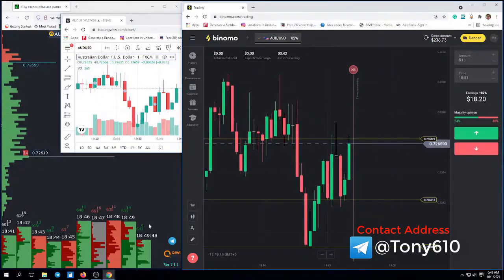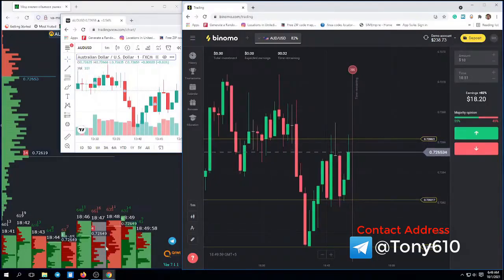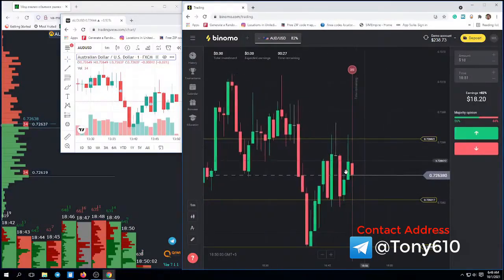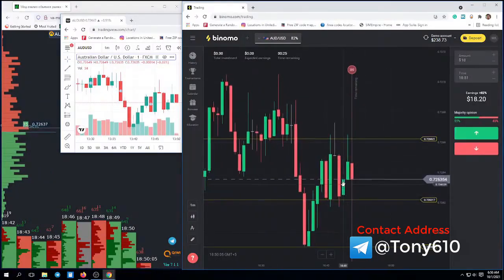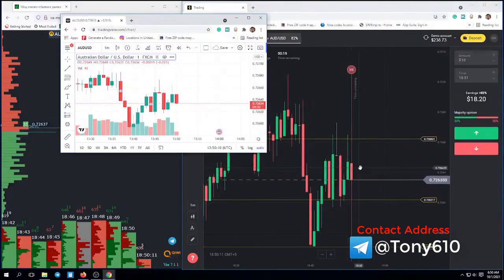The market did not break our support level with the high volume node, and these candles have closed above our support levels. So we don't need to place a call or buy trade on these candles. We should wait for the next candles, then we can take the decision to sell or buy.